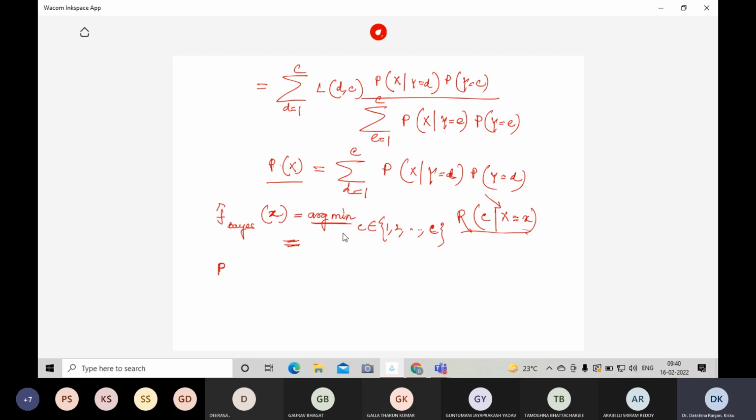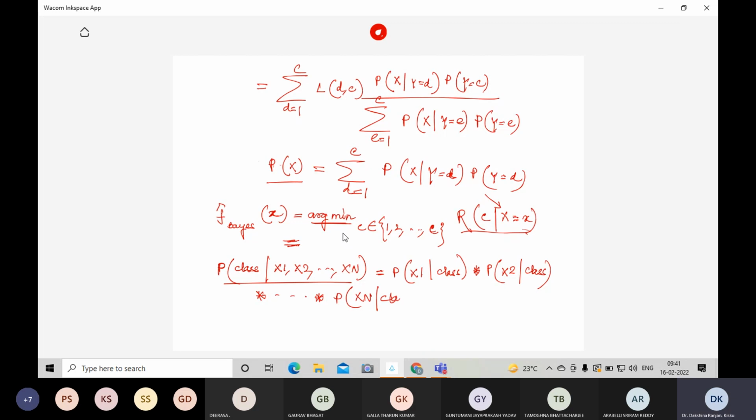We can write the probability of a particular class given x1, x2, up to xn as the probability of x1 given class information, multiplied by probability of x2 given class information, up to probability of xn given class information.